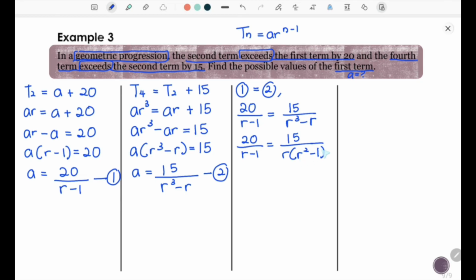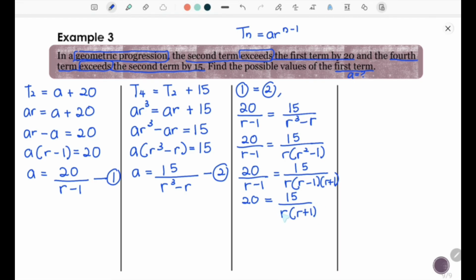And then for this part, r squared minus 1, we can factorize one more time, which is you will get 20 divided by r minus 1 equal to 15 divided by r times r minus 1 times r plus 1. So next, you can cancel out r minus 1 with r minus 1 here. So you get 20 equal to 15 divided by r times r plus 1.